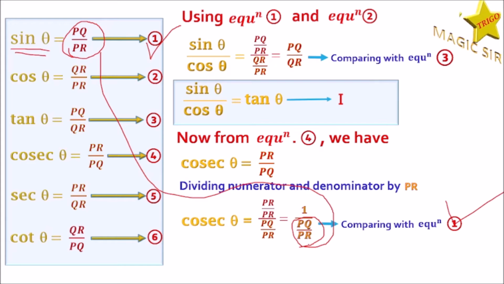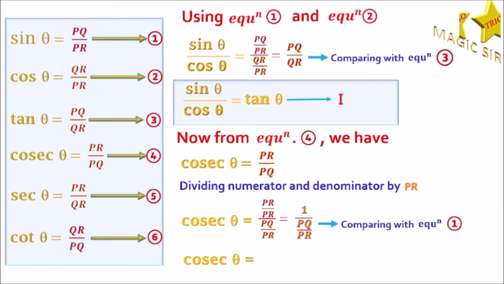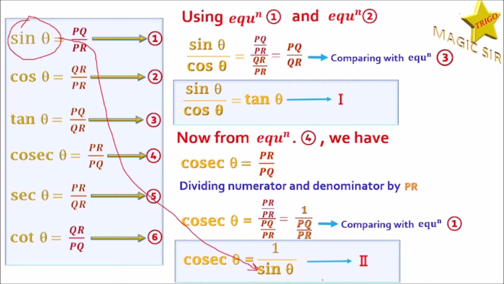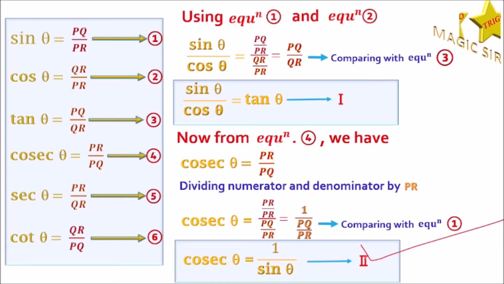Hence we have cosec theta is equal to 1 upon sin theta. Note that cosec theta is the reciprocal of sin theta, or sin theta is the reciprocal of cosec theta. Remember this relation.